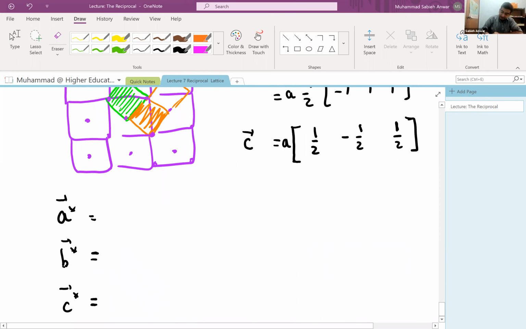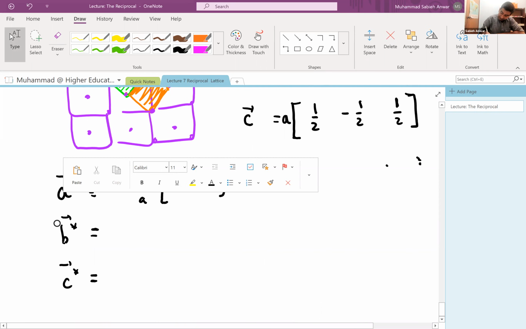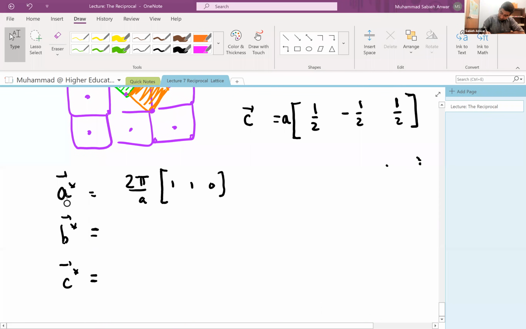So A star turns out to be 2 pi over A times 110. B star turns out to be 2 pi over A times 011. C star is 2 pi over A times 101.